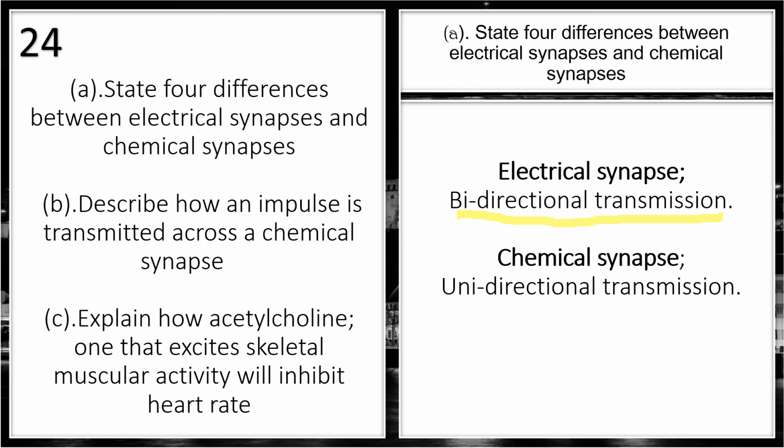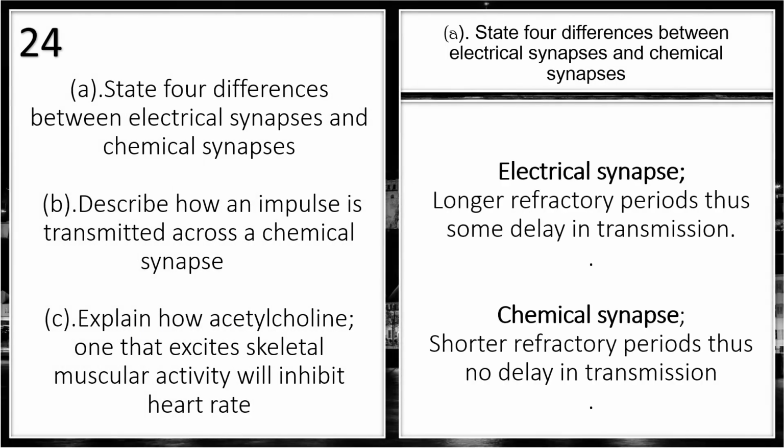Chemical synapse, it is a unidirectional transmission. Electrical synapse, longer refractory period, thus delay in the transmission. Chemical synapse, there is shorter refractory periods, thus no delay in the transmission.